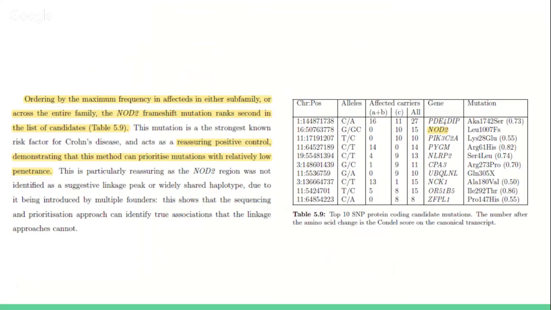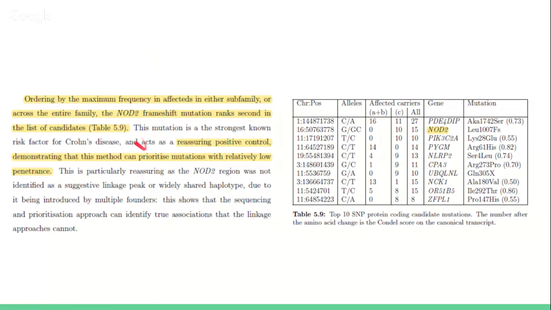In his thesis, Luke Jostins looks at Crohn's disease, inflammatory bowel disease, IBD, and most of the data relates to that. He shows, in data for these multiplex families, a case of a positive gene found through this multiplex family whole genome sequencing analysis.